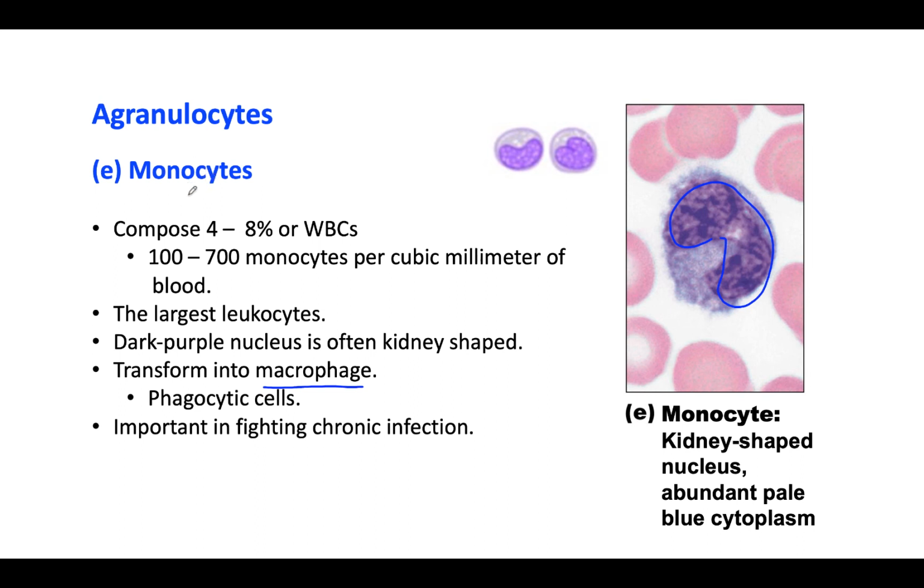When the monocyte squeezes out of the blood vessel and is present in the tissue, we call it macrophage. Macrophages phagocytize bacteria, dead cells, and any other debris within the tissue by forming pseudopods. Monocytes have the capacity for amoeboid movement to form pseudopods. Using pseudopods, macrophages get close to the bacteria, dead cells, and other debris, and then ingest them. It's very important in fighting chronic infections.